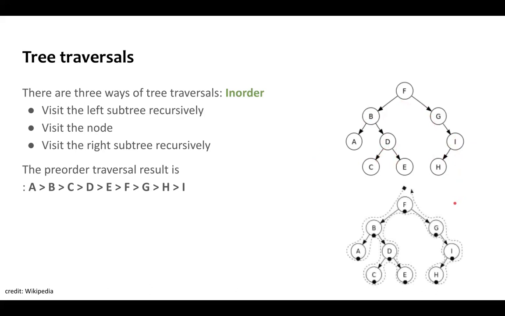So we can find out the in-order traversal results more easily using the same scheme. In the case of pre-order, we write down the value of the node when we pass the node on the left side. However, when it comes to in-order traversal, we're going to write down the value of this node when we are passing through the bottom of this node.